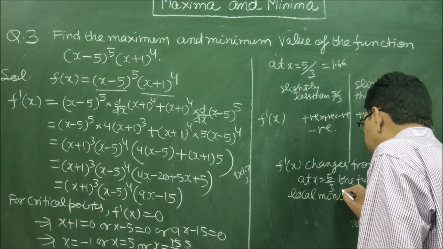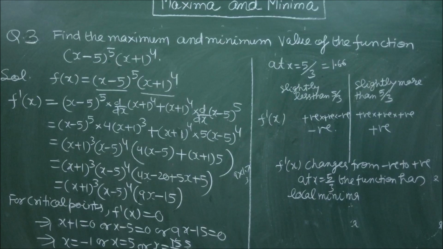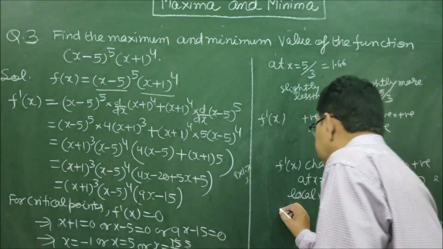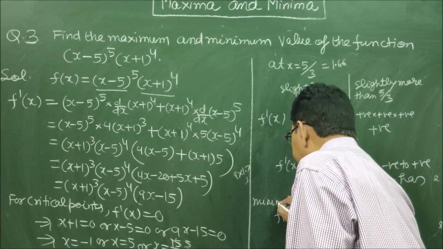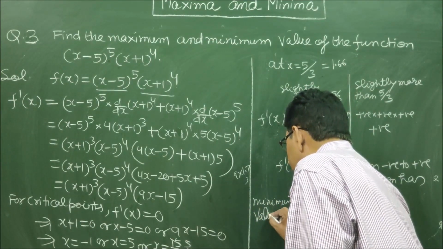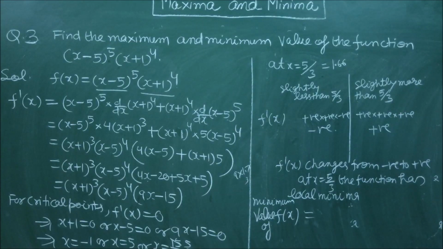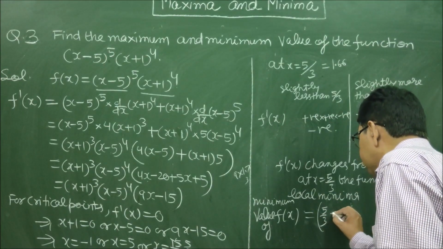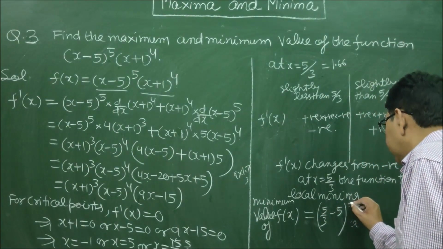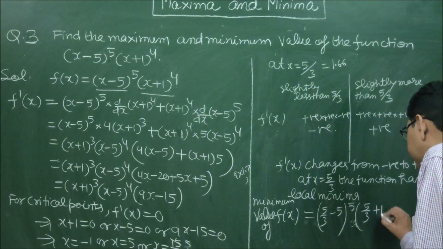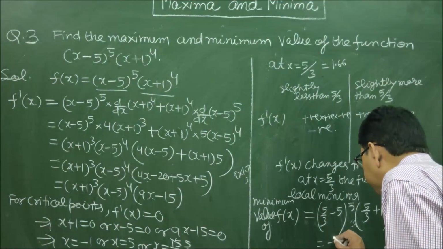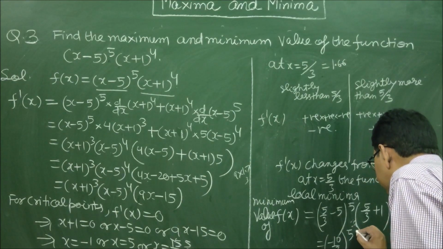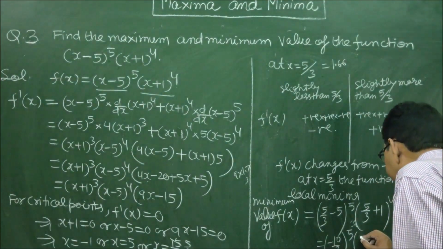If we want to find the minimum value, then putting x is equal to 5 upon 3 in the function, f x is equal to 5 upon 3 minus 5 raised to the power 5 into 5 upon 3 plus 1 raised to the power 4, that is minus 10 upon 3 raised to the power 5 into 8 upon 3 raised to the power 4.